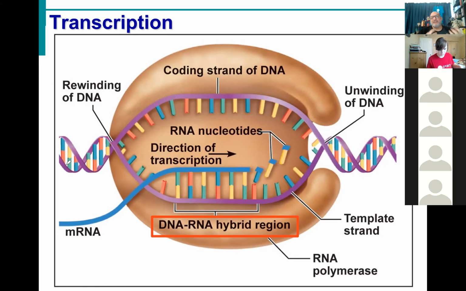And part of that building up of defense is building memory cells, so that when you come in contact with it a second time, you have those memory cells that can produce a stronger and faster response, typically before you feel symptoms. So it dramatically reduces the effect.